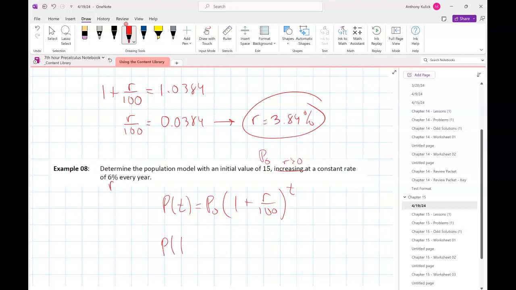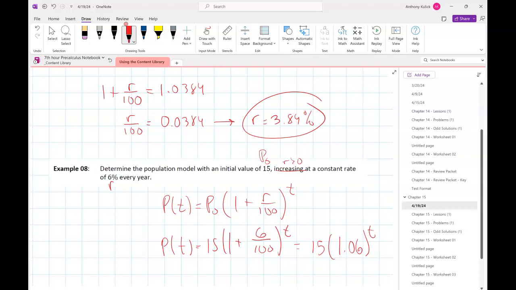So P of T equals P naught times 1 plus 6 over 100 to the T, with P naught being 15. If I simplify that down, 6 over 100 is 0.06, and 1 plus 0.06 is 1.06.